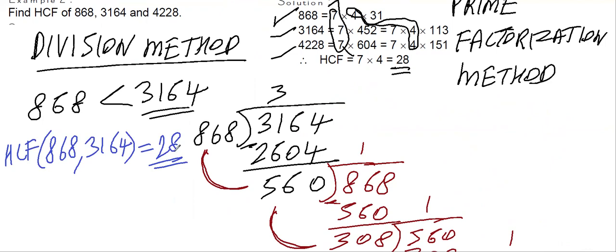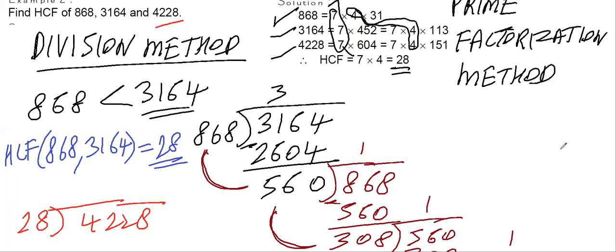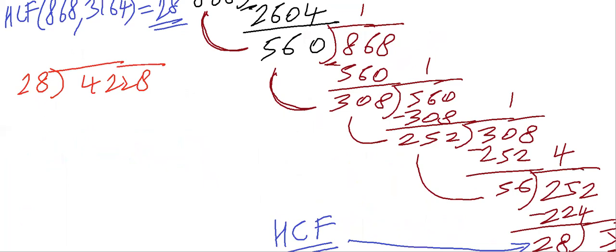But I need to consider the third number as well, which is 4228. For that, I will do the same thing. I bring 4228 as the dividend, and 28 will be my divisor. 28 times 1 is 28; subtract, and I get 142.